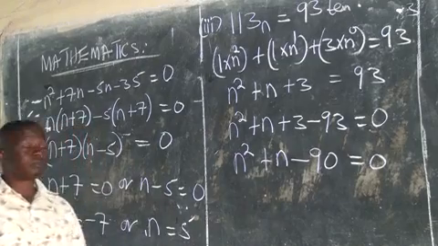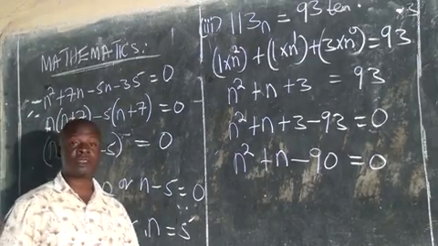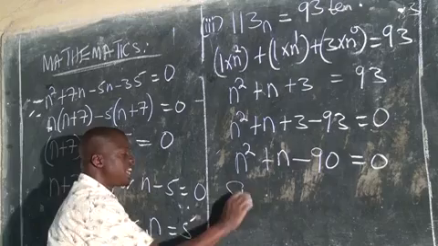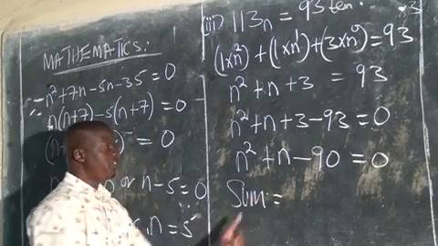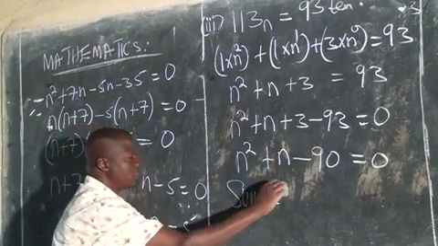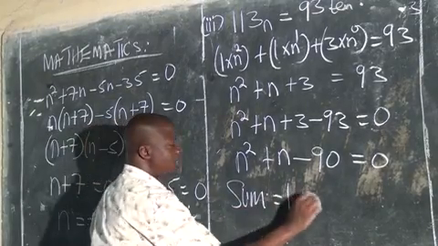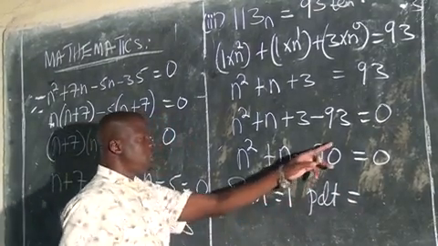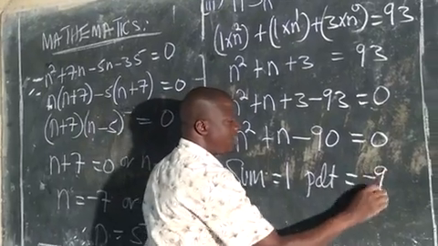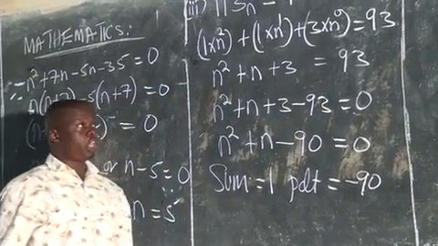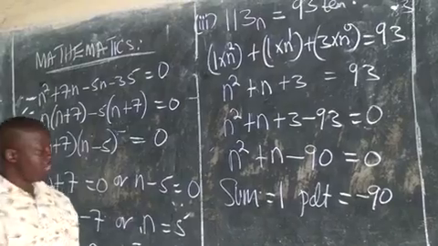Because we are using the factorization method, let us say sum: the coefficient here is 1, that is our sum. Plus the product, it is negative 90.